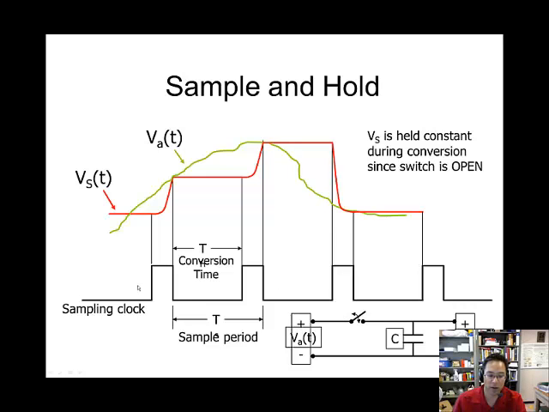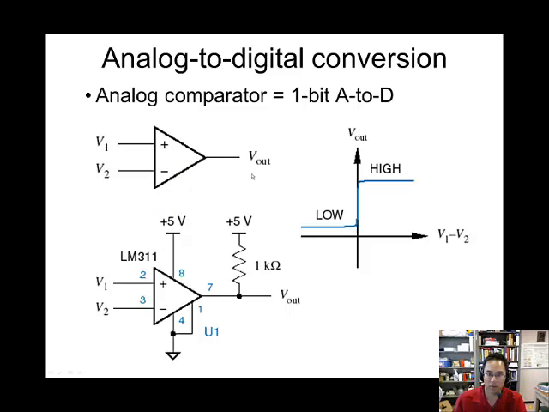When the sampling clock is high, the FET is closed, and our sampled voltage rises on the capacitor. Then we open up the FET and it keeps its charge, and so on and so forth. This way we have steady inputs for our analog to digital conversion process.